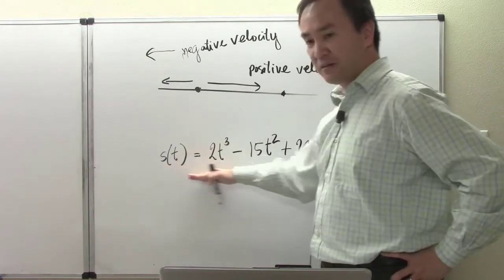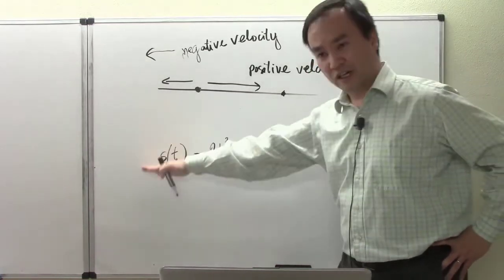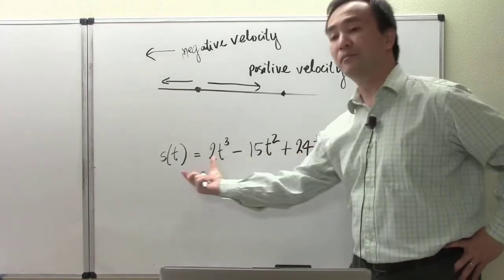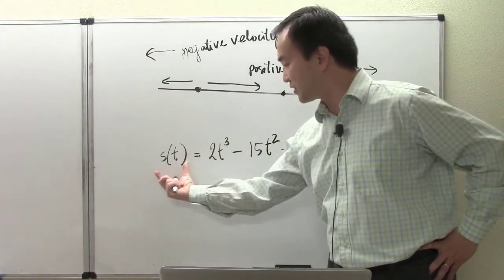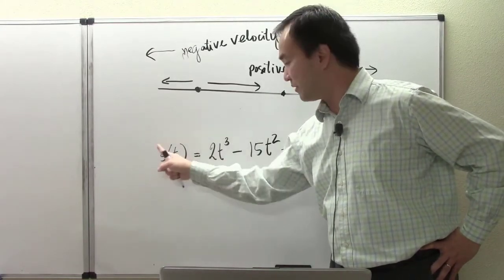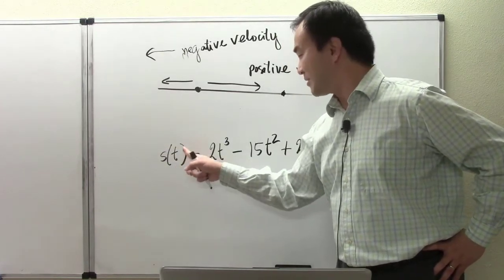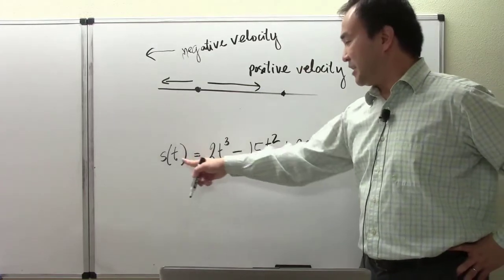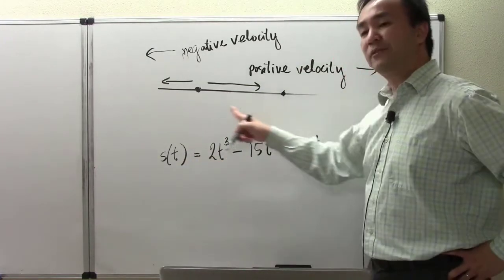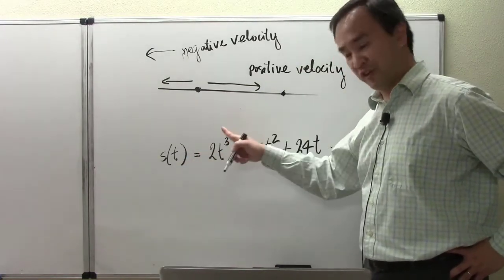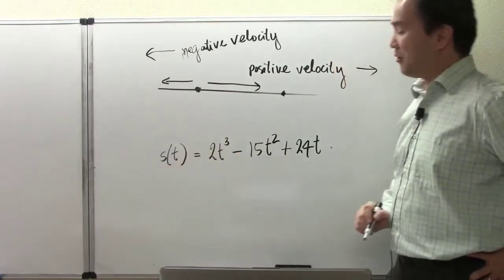Whatever is given to us here, we take that function as our modeling function. This function models our position at any time t. So at some t times later, whatever comes out of this calculation, that is how much position away from home we have made.